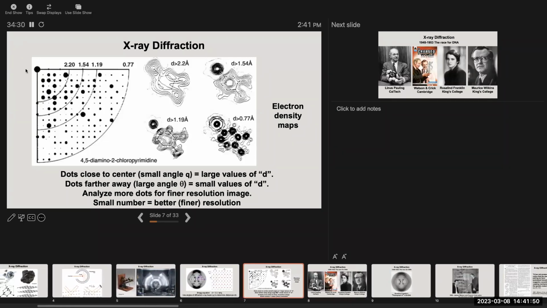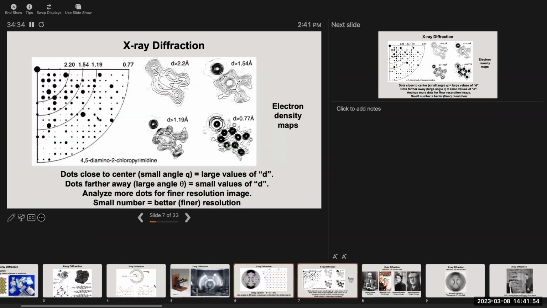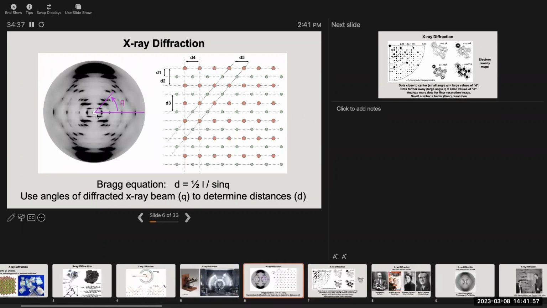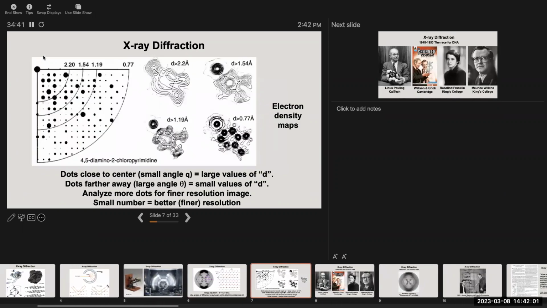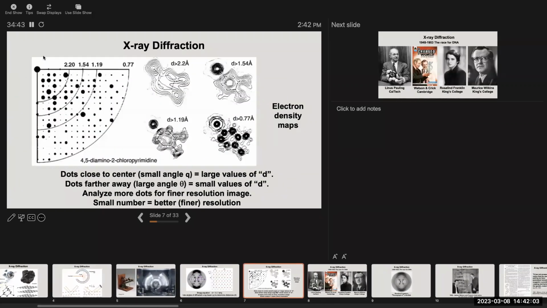So the black dot in the upper left here represents the center of our X-ray pattern, that little white hole in the middle of the X-ray pattern. The X-ray dots that are close to that center correspond to small values of the angle theta, right?